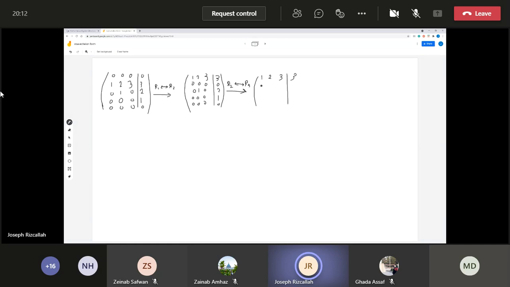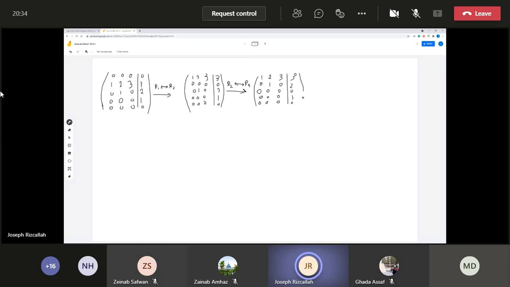And now the next one is 0, 1, 0, 2. Then our row made of zeros appears here, and the one below it is 0, 0, 0, 1. And finally this one, which we did not touch, is 0, 0, 0, 0.